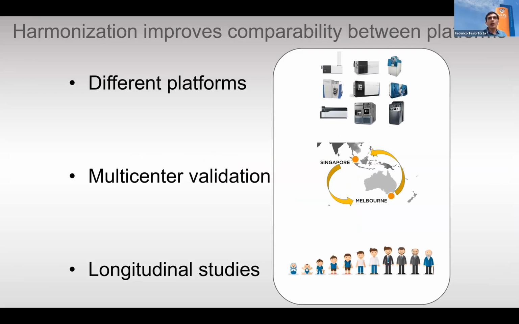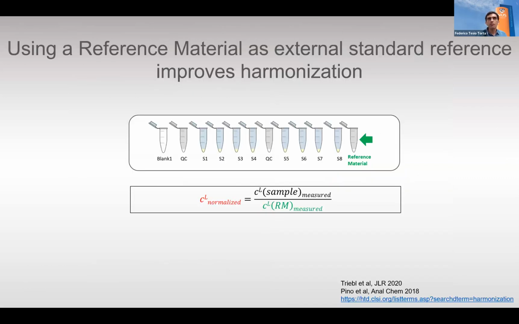Now I would like to talk about harmonization, because although I showed you we already got quite concordant results between the participants, we also looked into how to improve them even more by harmonization between different platforms, because all our labs use different platforms and some also different methods. Harmonization procedures are also very useful, for example, when we run multi-center studies or longitudinal ones.